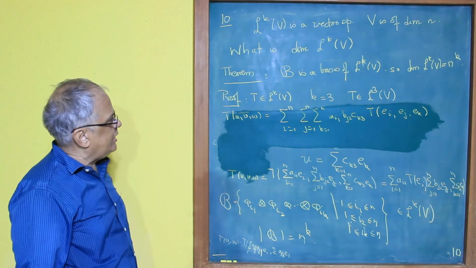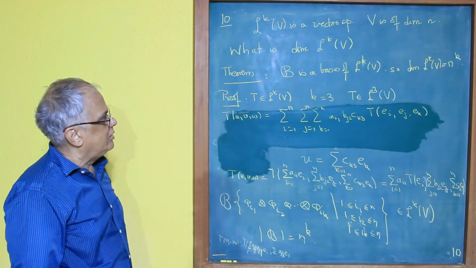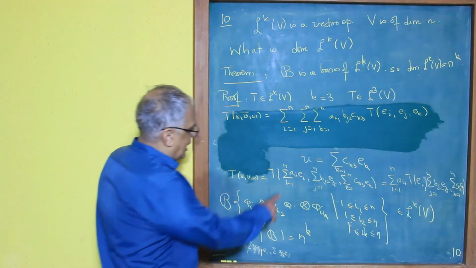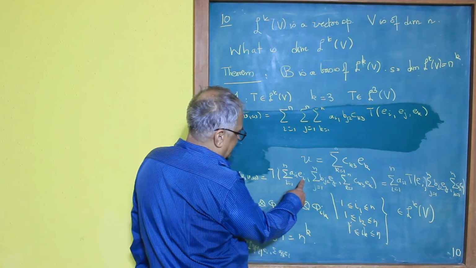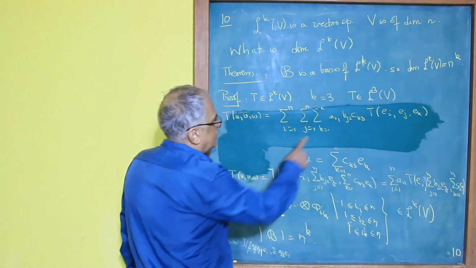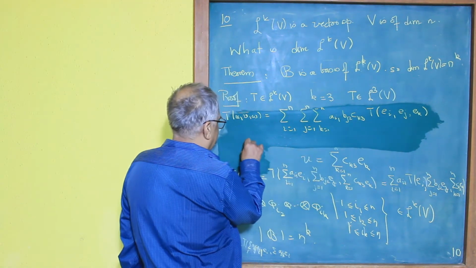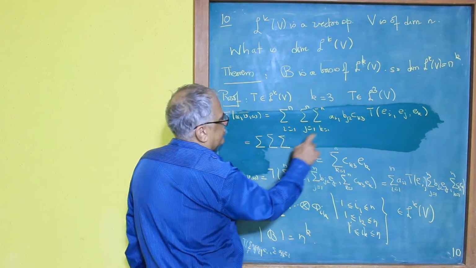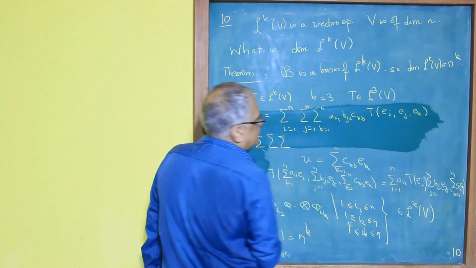But what is a_i1, b_j2, c_k3? a_i1 is the e_i component of the first vector V. So what is this? This is equal to the sum. What is this term here?